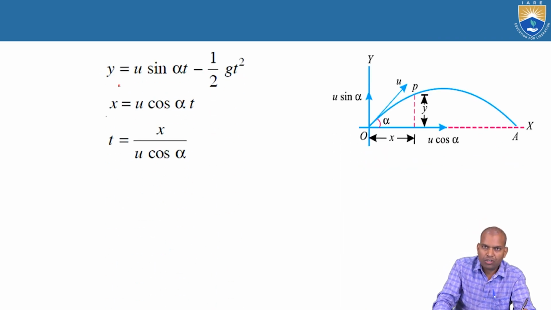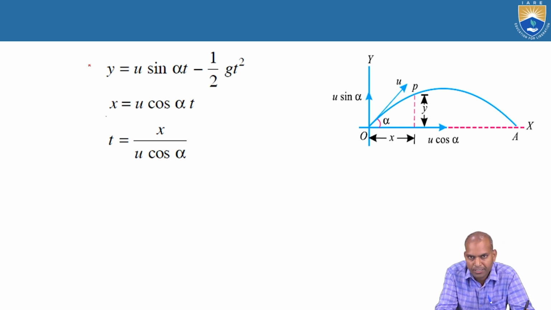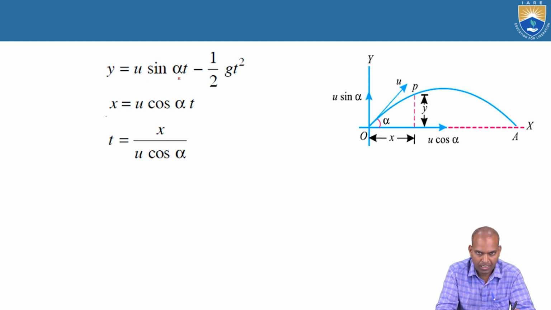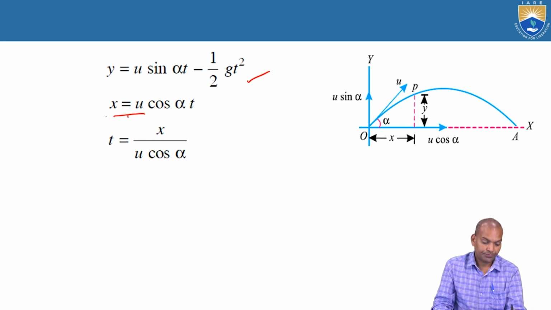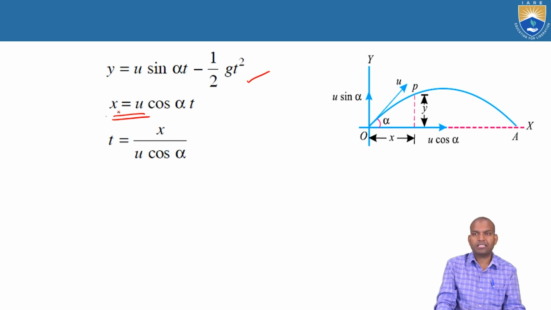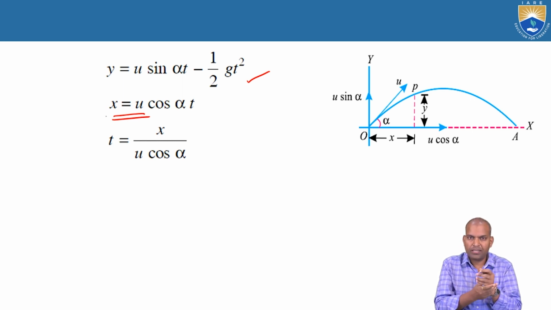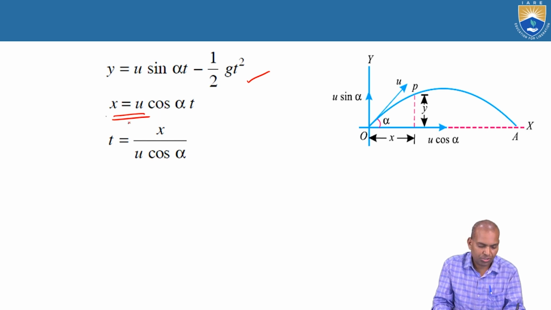Now the vertical distance y, as we already covered in the previous session, s equals ut plus half at square. From that, the vertical distance y equals u sin alpha, the vertical component, times t, minus half g t square. The horizontal distance x equals the horizontal velocity component times time t, that is u cos alpha into t.